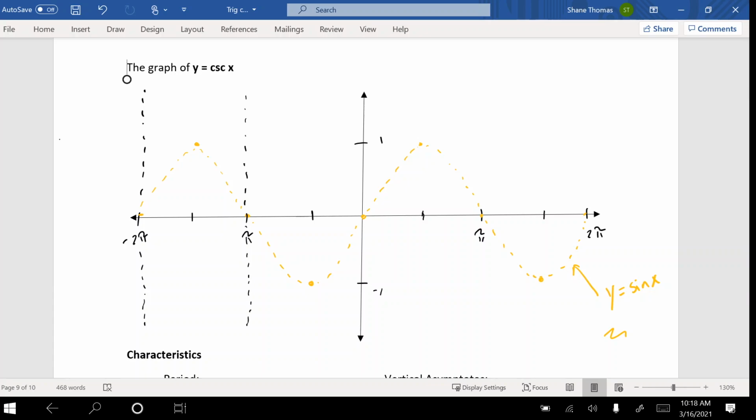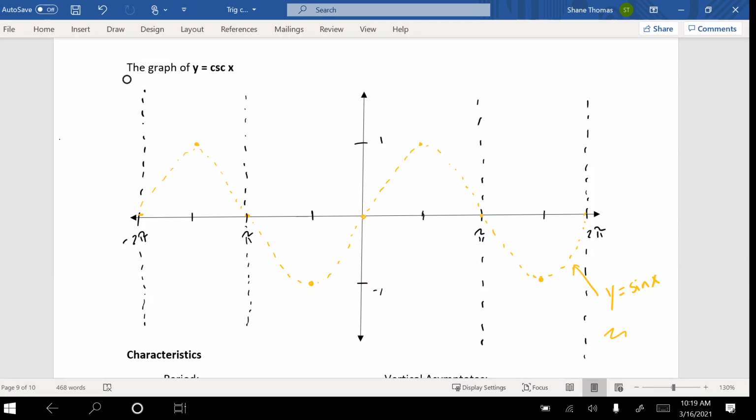There's one at the y-axis. There's one here, and one here. All right, so there's all the asymptotes I would have on that, 2 cycles.